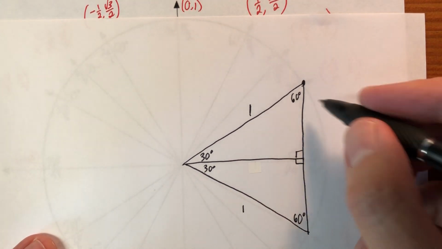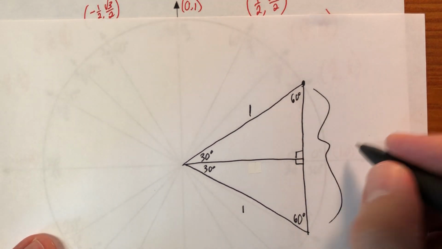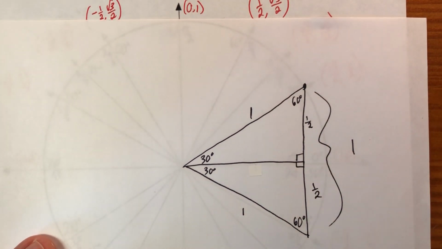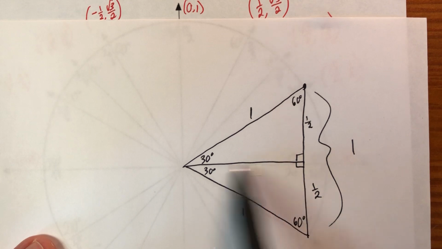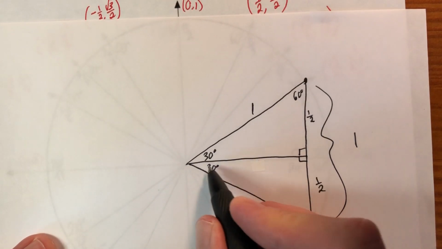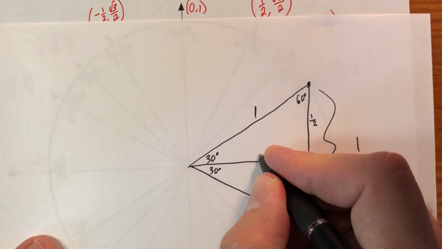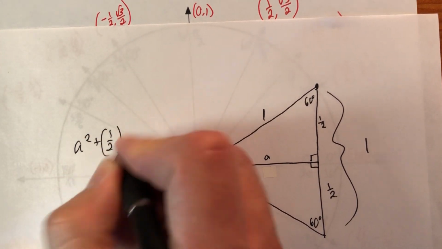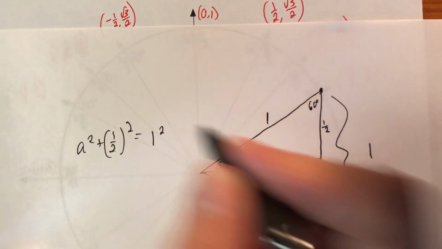So this is 1, this is 1, and this entire piece right here is 1, which makes this 1/2, makes this 1/2. And I can use the Pythagorean theorem to figure out what that distance is. If I don't know what that is, we'll call it A. So A squared plus 1/2 squared equals 1 squared.